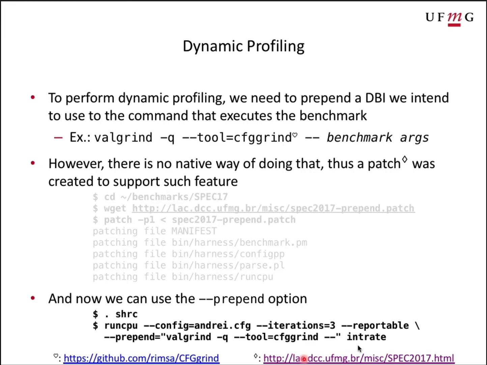I created a tutorial. You can click it here. It just says that we create a patch and things like that. I will also not execute this. This is just straightforward. Just load the environment again, and then run runcpu, and we can collect the statistics for this run.